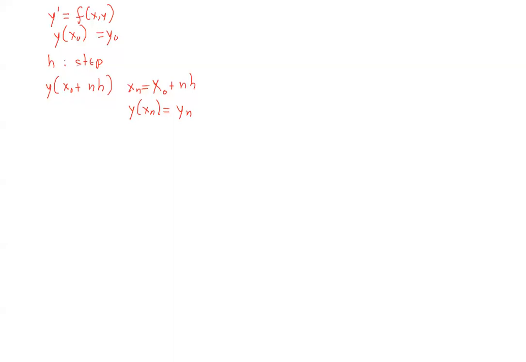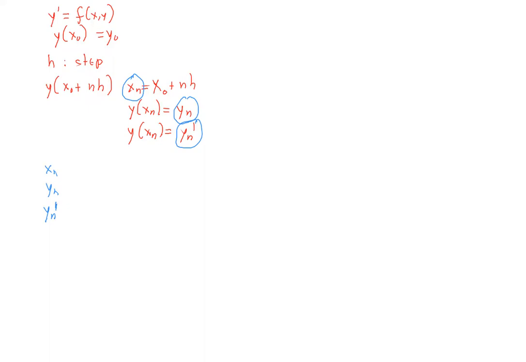And finally, the derivative at xn, let's call it yn prime. Okay, so let's use this notation. I'm going to build a table where I'm going to have xn, yn, and yn prime.